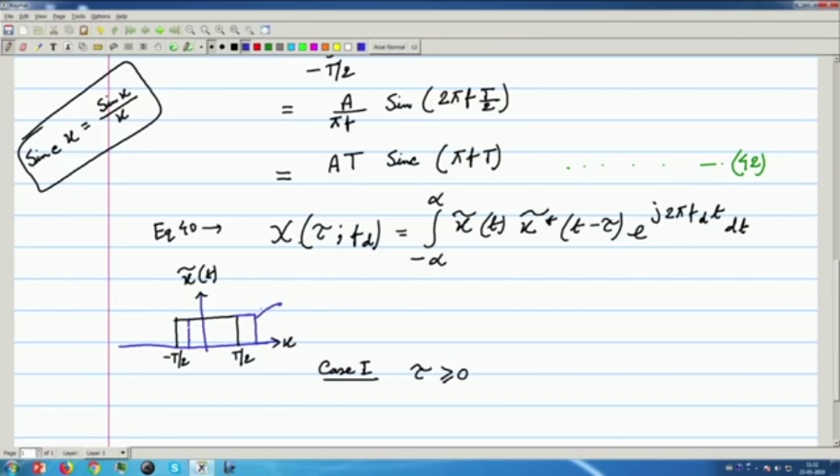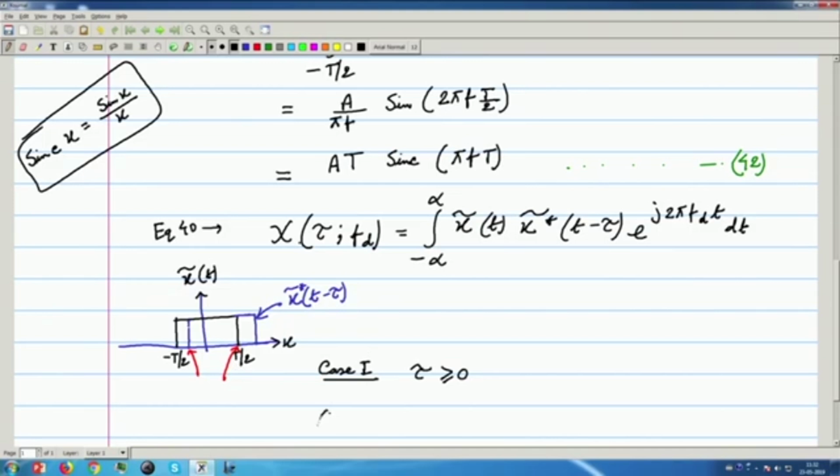This is x(t minus tau), and the conjugate will also be the same because it is a real signal. Then you can see that the product will exist from this point and extend up to this point.